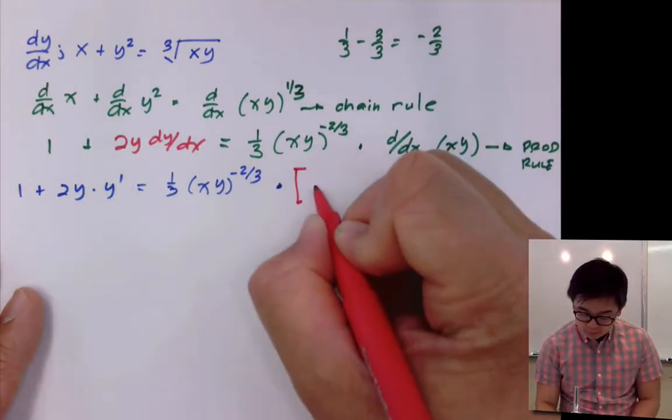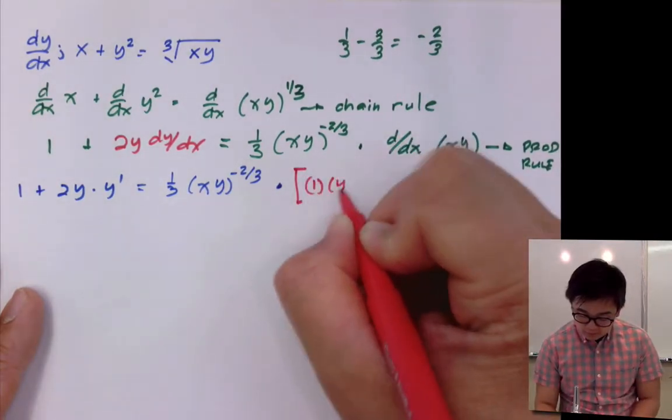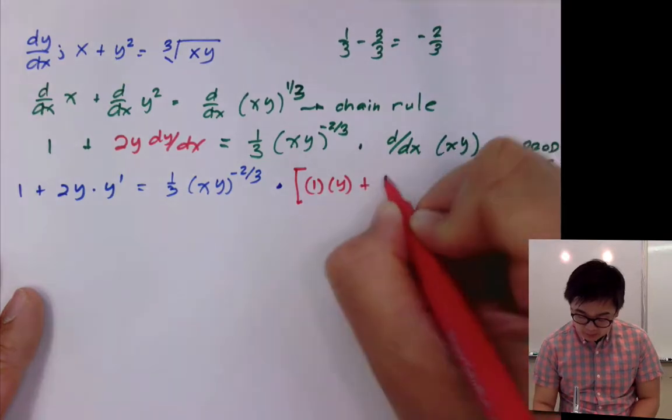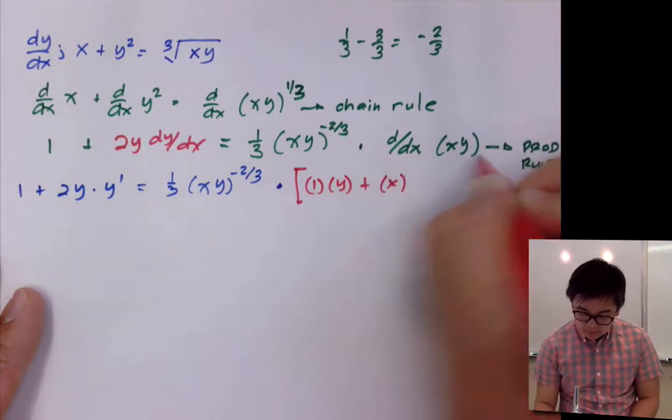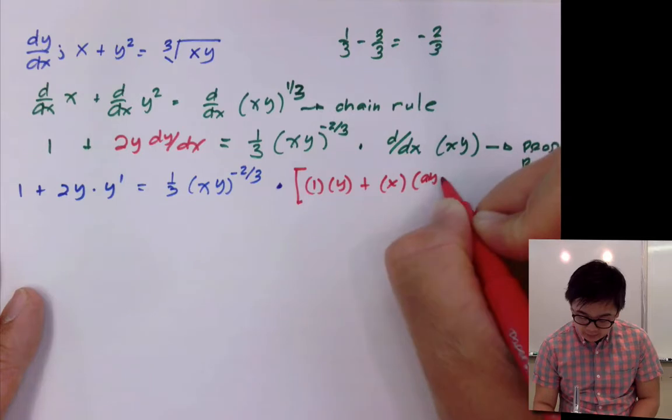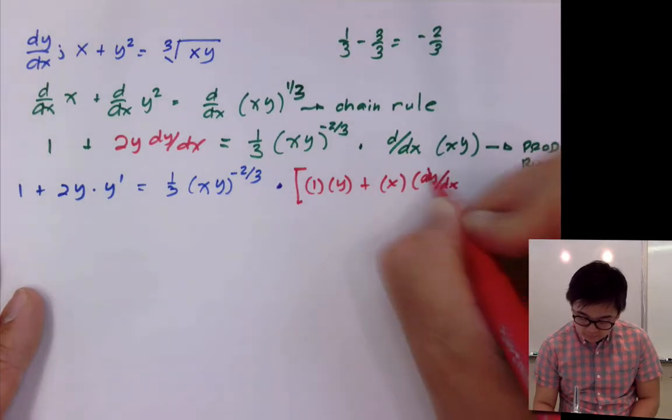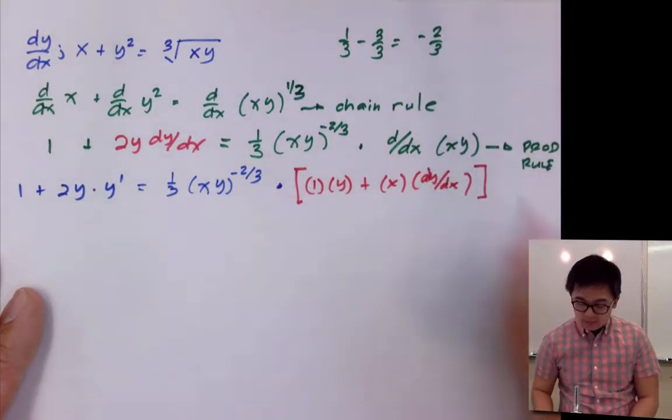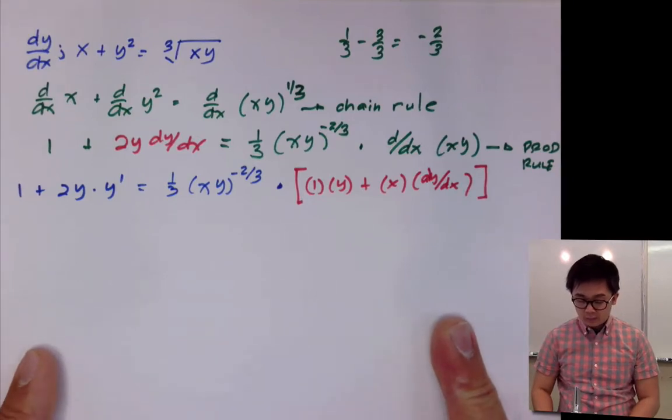So derivative of first, copy, plus copy, derivative of y, which is dy/dx. And this is now my product rule.